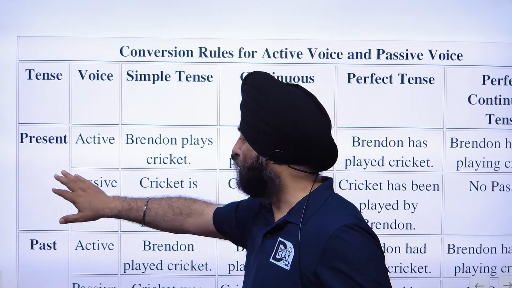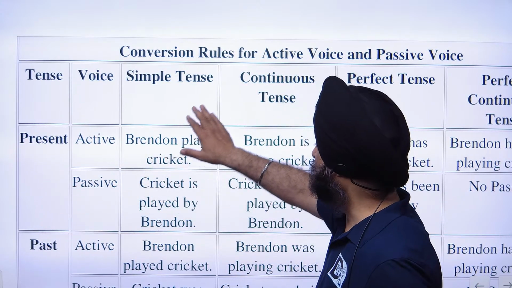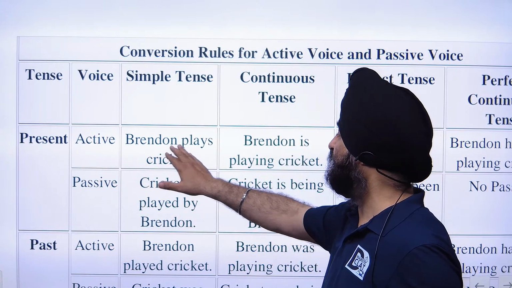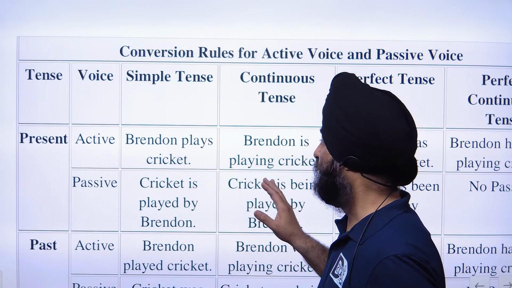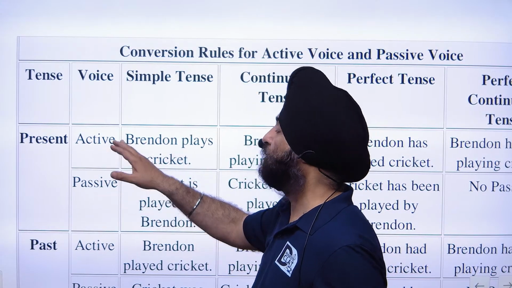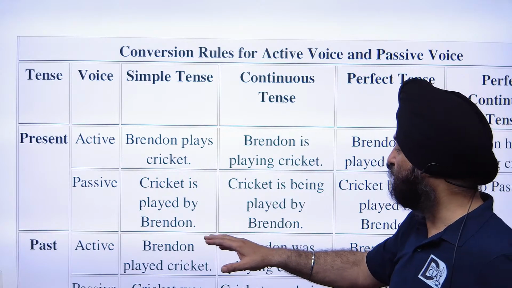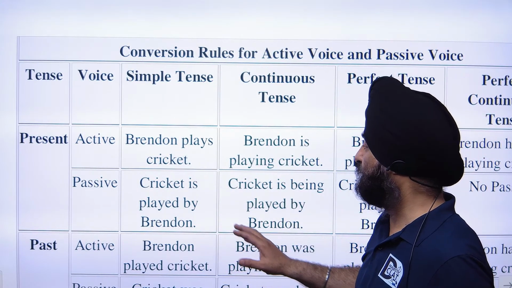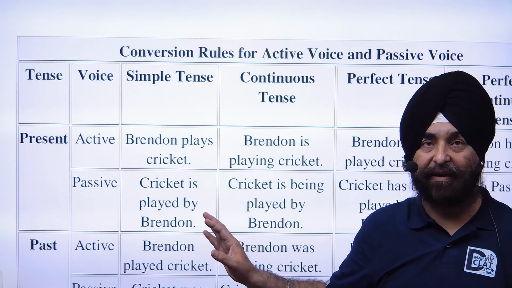Talking about the present tense, let's talk of the simple tense. The active sentence is Brendan plays cricket. Now, when we are changing this active voice into the passive one, what do we say? Cricket is played by Brendan. This is your simple present tense.